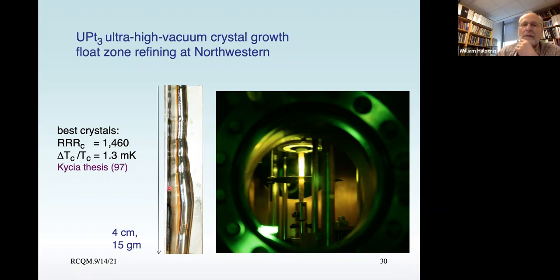ZR8 is around 600 or 700. ZR11, another one, is around 900. So we get around 1000 triple R and very narrow transitions, of around 1.3 millikelvin. I'm going to come back to what I mean by this triple R and what its relevance is to understanding the superconducting states.